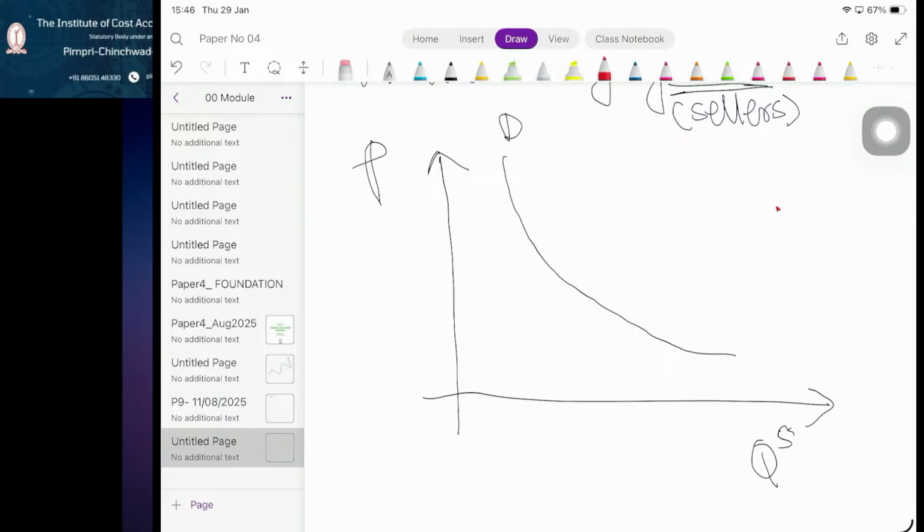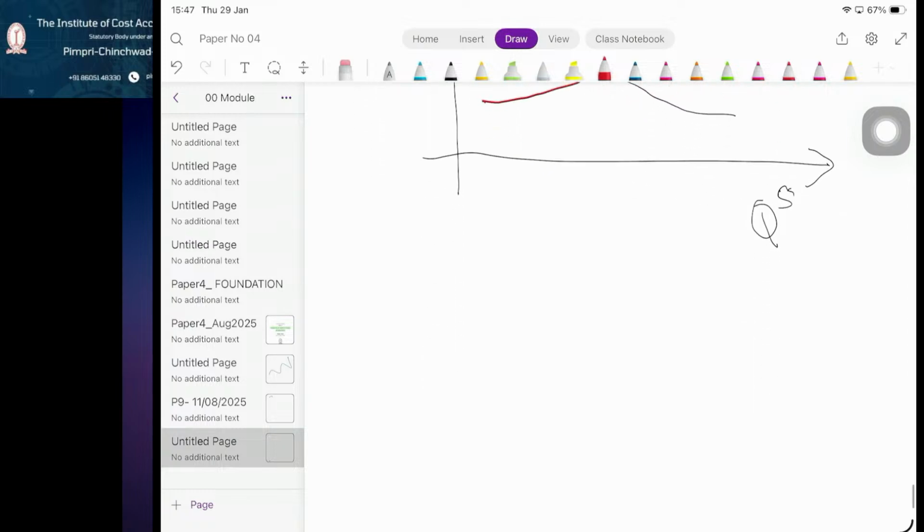Upward sloping, right? As you go from left to right, it is moving up. So could you all draw a supply curve like this? S. Online students, were you able to draw this? Great, fine.